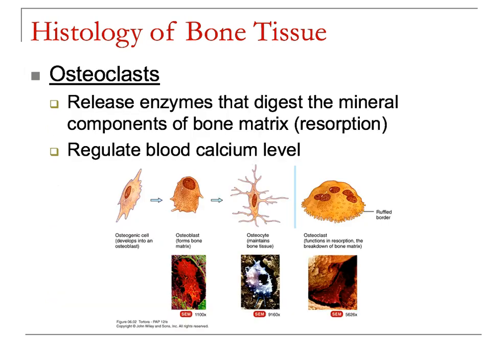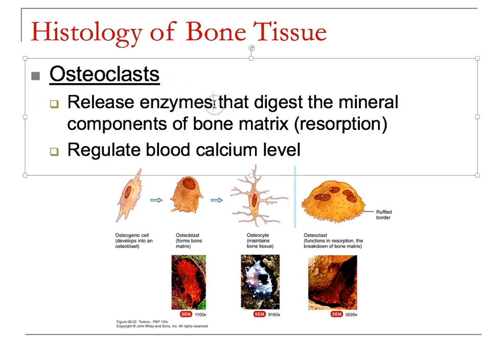The last set of cells I want to tell you about are osteoclasts. Osteoclasts release enzymes that digest the mineral components of bone, and they raise the calcium blood level, meaning if they're activated, they use enzymes, and I don't know why I left this out, sorry about that, hydrochloric acid, which then digests and will return into the bloodstream calcium and phosphate.